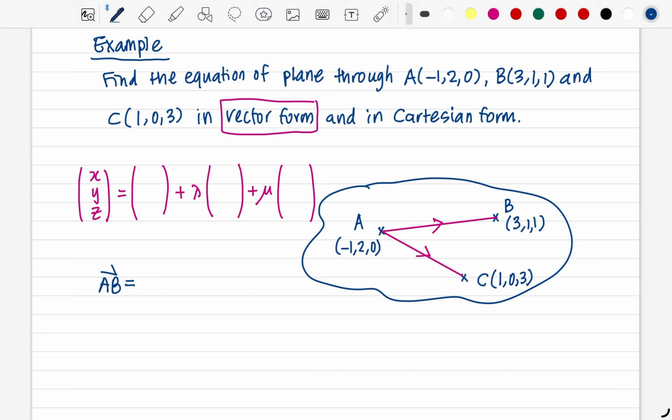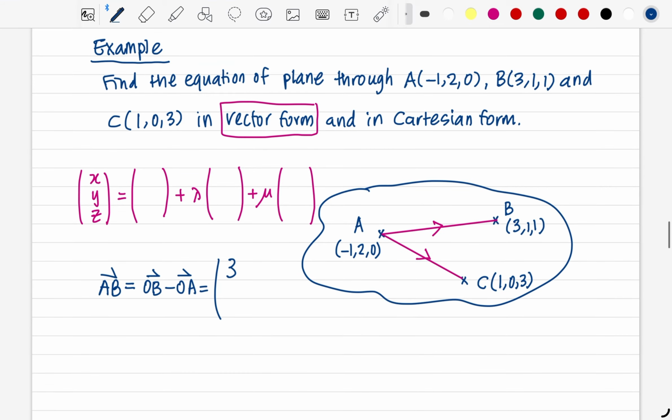So AB, using the position vector of A and the position vector of B, is OB minus OA. Because we know their coordinates, OB (3, 1, 1) minus OA (-1, 2, 0).